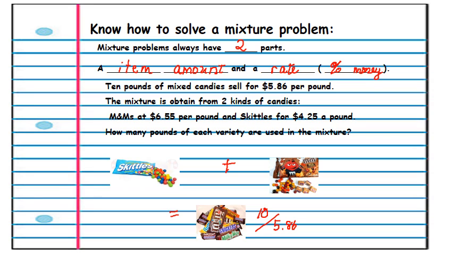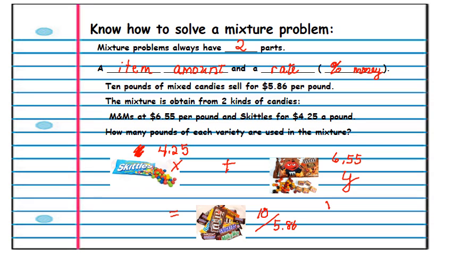And we have so many M&Ms at $6.55. So many of them. And we have Skittles at $4.25. And so many of them.